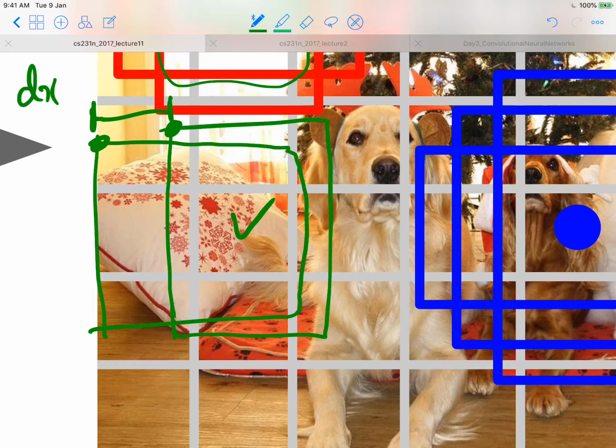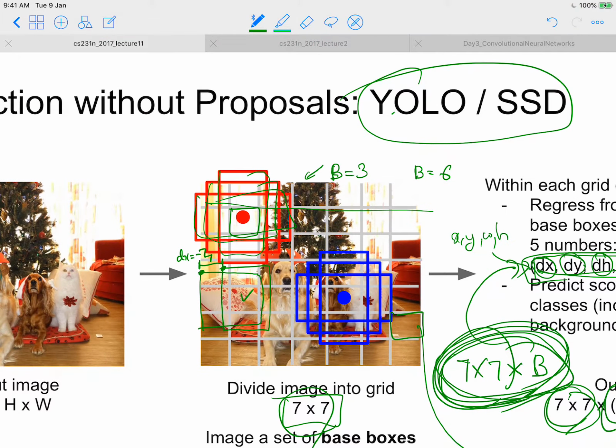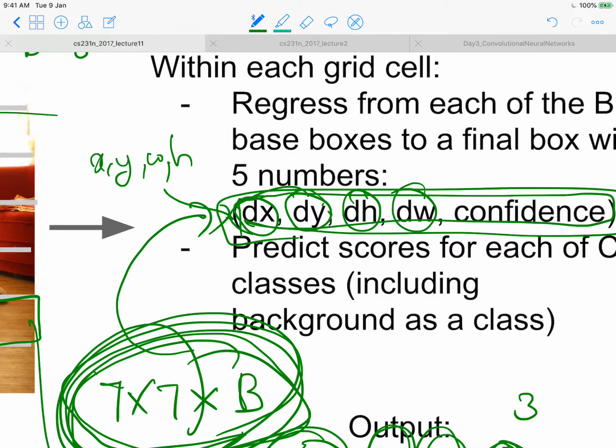If there is a 7 pixel difference, and the ground truth is on the left of this current bounding box, then dx is -7. Okay, so that is the actual target variable that we perform our regression on, right? That way we obtain this relative position difference and also relative size difference with respect to the original base bounding box.